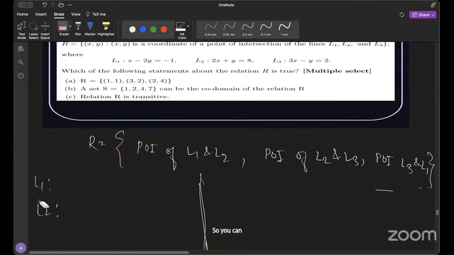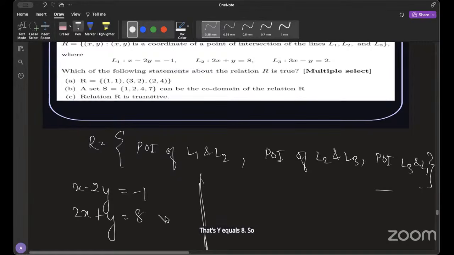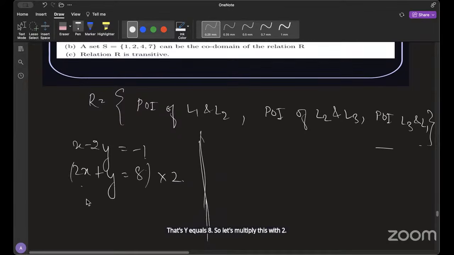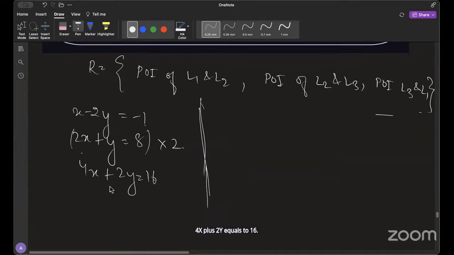Or you can simply use elimination: x minus 2y equals minus 1, and 2x plus y equals 8. Let's multiply the entire second equation by 2. You get 4x plus 2y equals 16. Then you add these two equations, so you get 5x equals 15, which means x is 3.